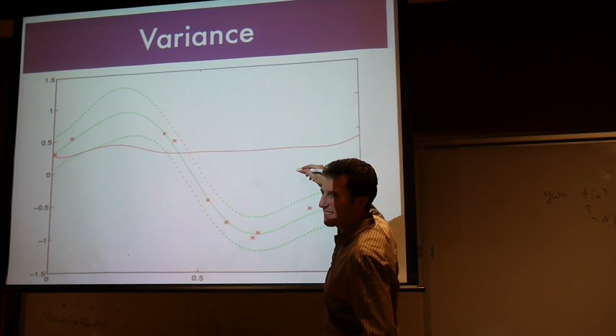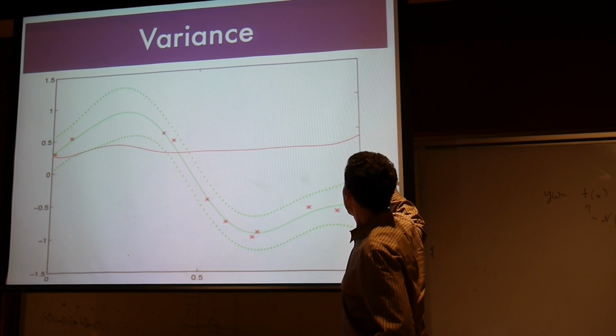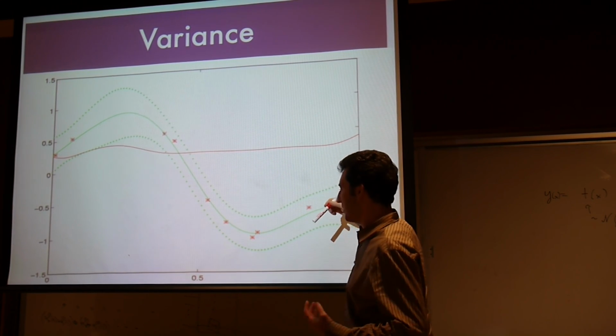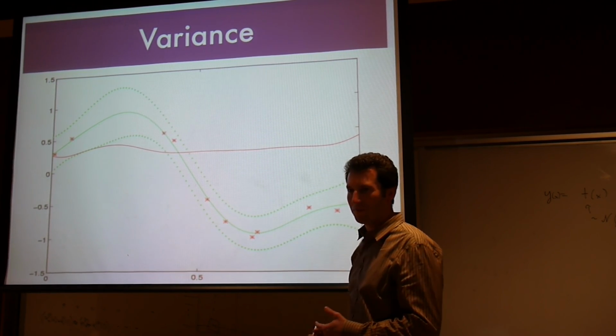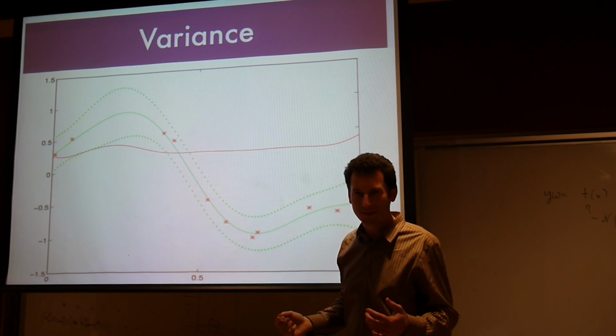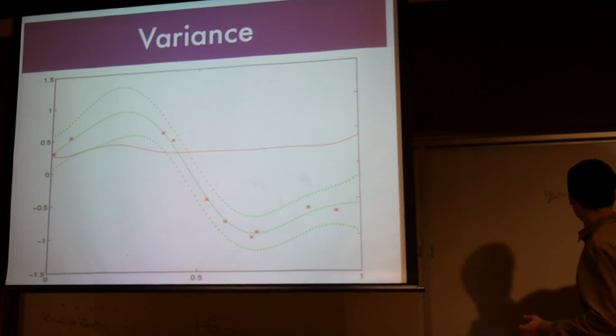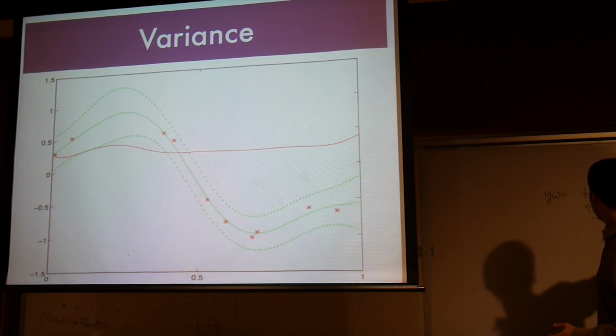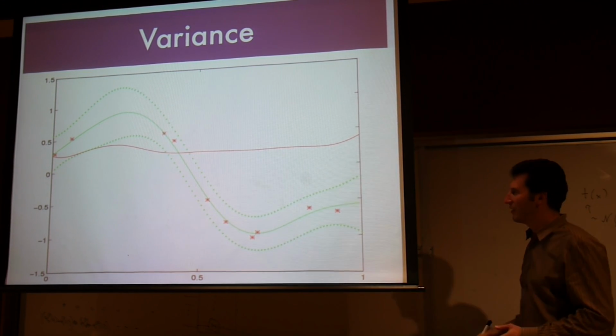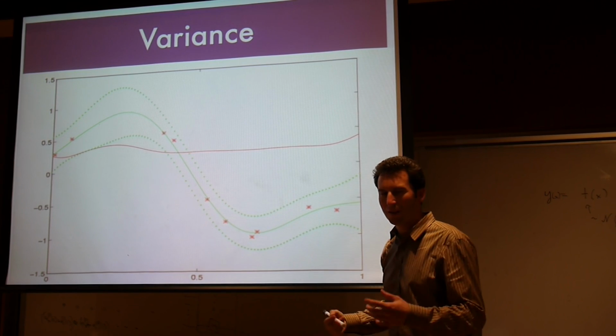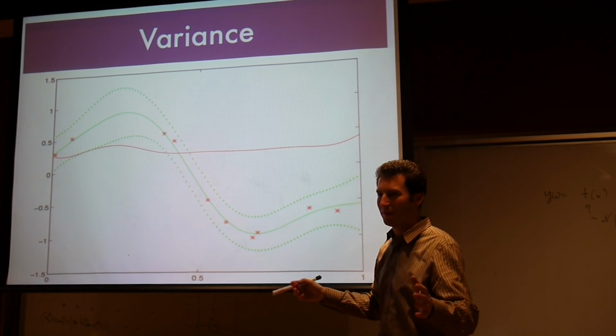Here's the variance. At any new point, of course, we have variance sigma squared, which is the additive noise. We also need to get a handle on those t's, and that's basically what we had with k of x, the entire matrix inverse, k of x.